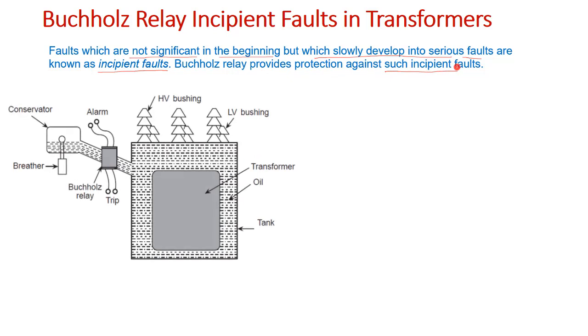How does it provide this? Let us first see the different parts of a transformer, how it looks. This is the casing of the transformer. This outside covering protects the winding and core from external effects like sun, heat, and rain, right?